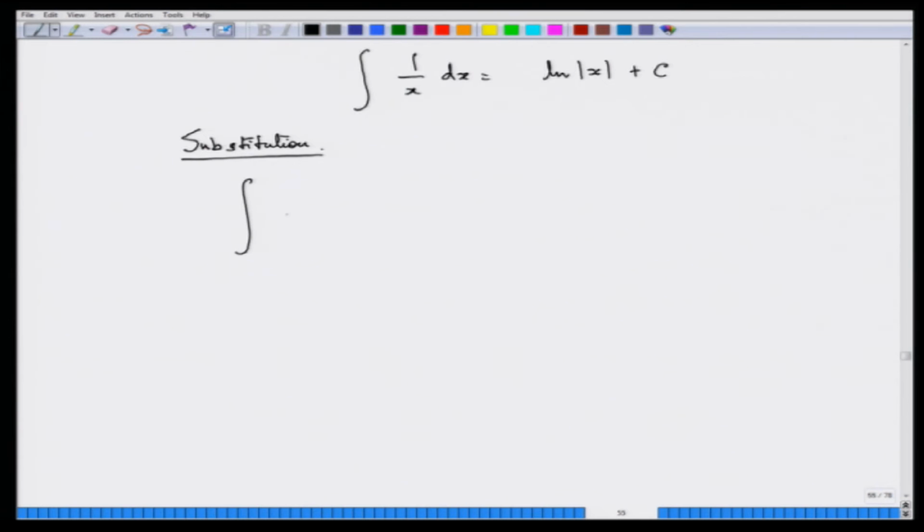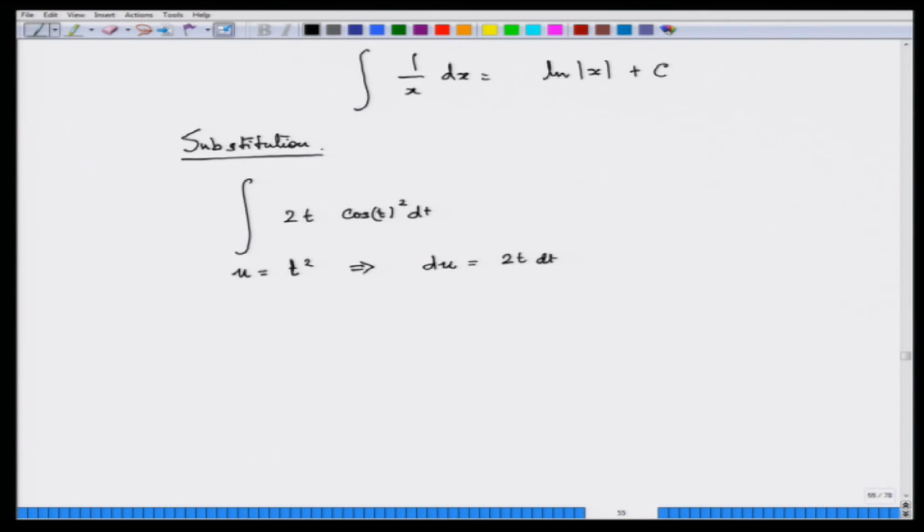Say you want to integrate 2t cos t square dt. You want to simplify this into a form where you can immediately apply the antiderivative. So suppose I take u is equal to t square. This would immediately imply that the differential of u is the derivative of t square, which is 2t, into the differential of t, so du is 2t dt.